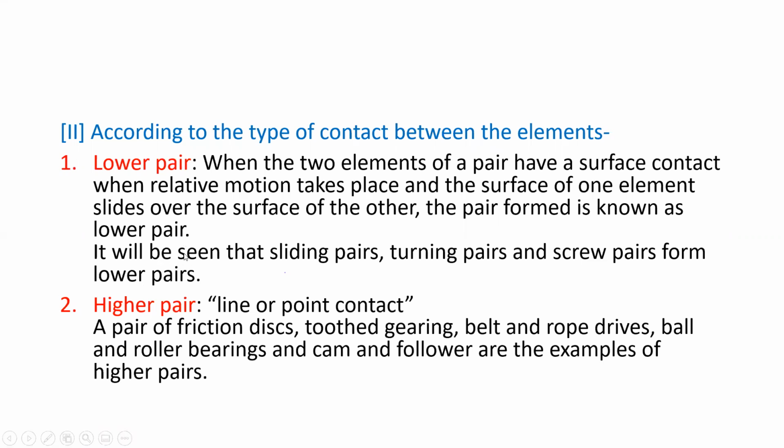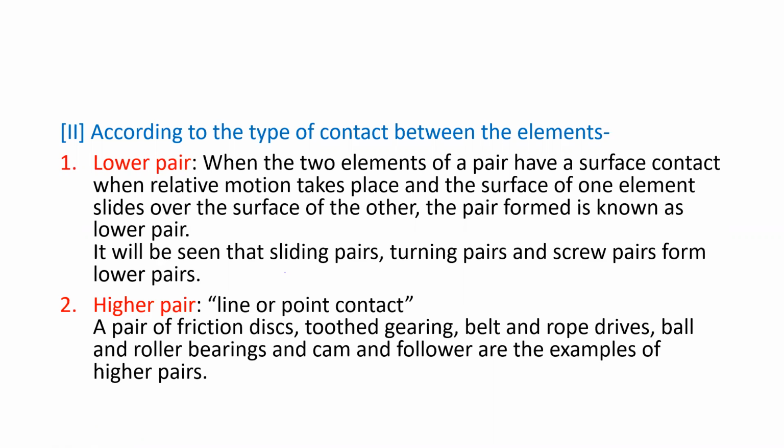What are the examples of lower pair? You will see that almost all the sliding pairs, turning pairs, and screw pairs form the lower pairs. Sliding pair: when a piston is sliding in the cylinder, the piston's cylindrical surface is in contact with the inside surface of the cylinder.